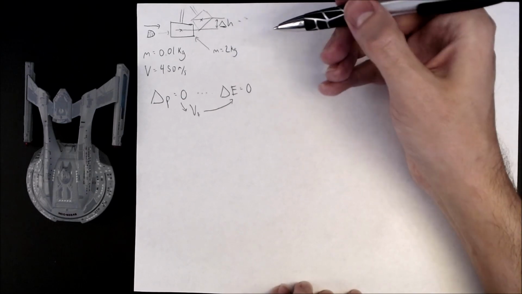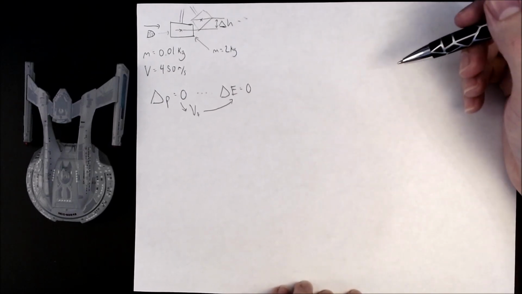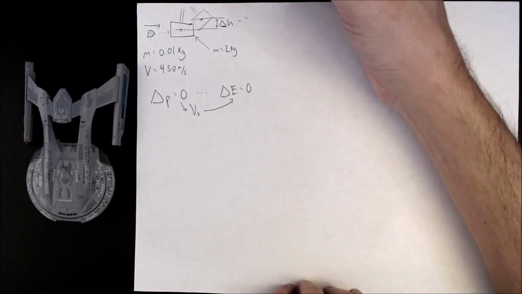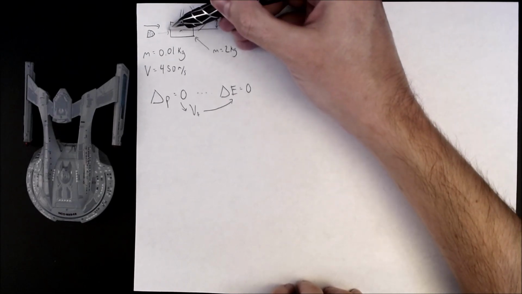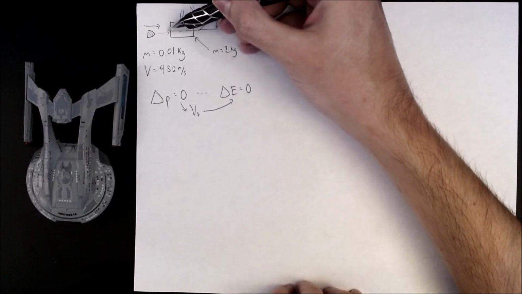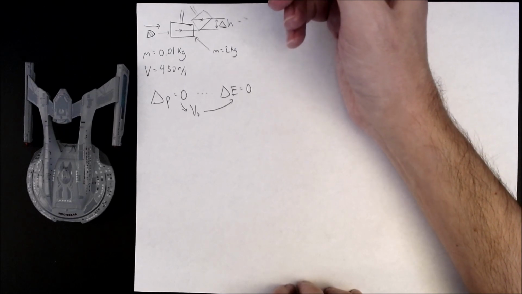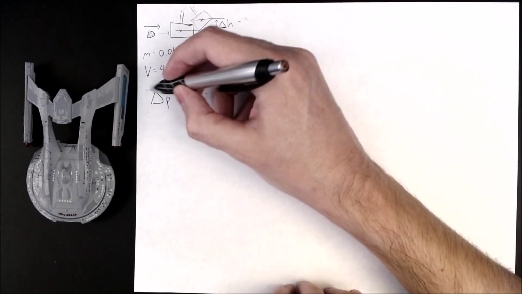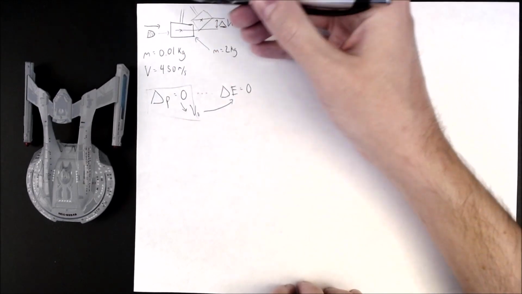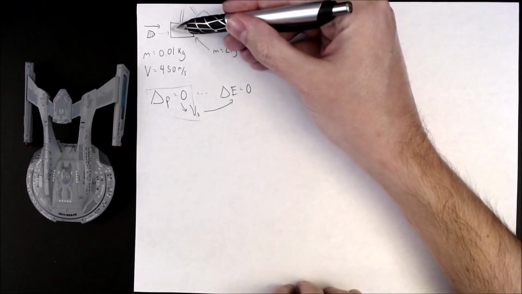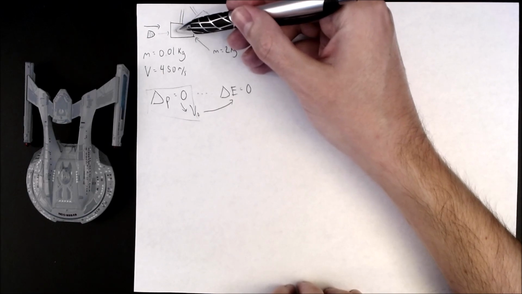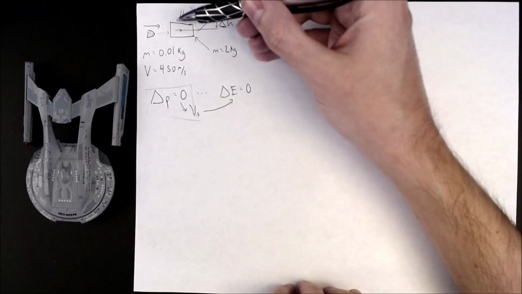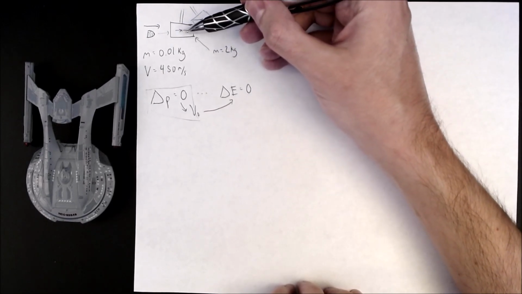Let's talk about where to define initial and final points of this problem. The initial point will be the moment before the bullet enters the block of wood. The final point of the momentum part will be the moment that the bullet has embedded itself in the block of wood, and together they're just beginning to swing up.